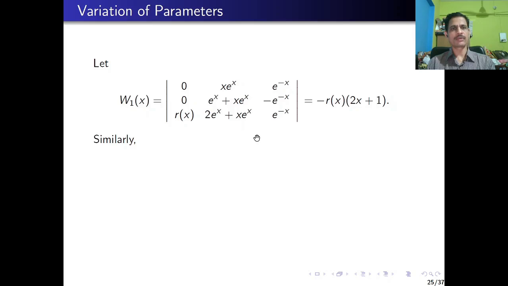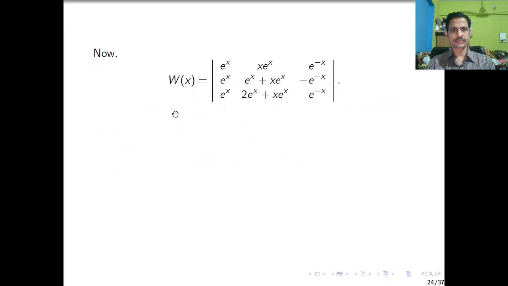So we got W1(x). Similarly, we can calculate W2(x) and W3(x). We obtain W2 by replacing in this W(x) the second column by 0, 0, r(x) and leaving the rest of the entries as they are and computing its determinant.